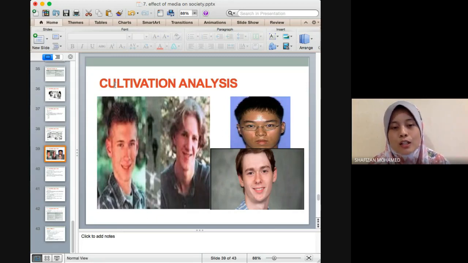So this theory is looking only at the media aspect. Of course, it's not creating a direct causal relationship saying that all of these mass shootings are only the fault of the media. But it is saying it's also partly the fault of the media, because the media cultivates this feeling of violence. Probably here in Malaysia, or in our part of the world, we don't go shoot other people, but we also already have this tendency for violence.